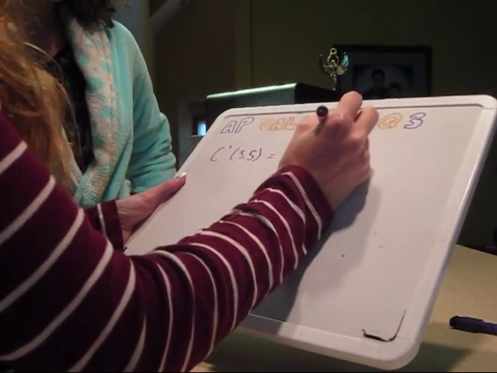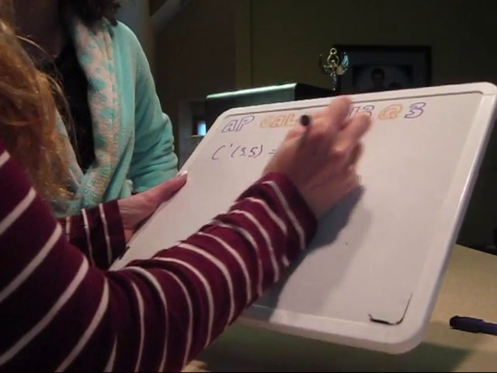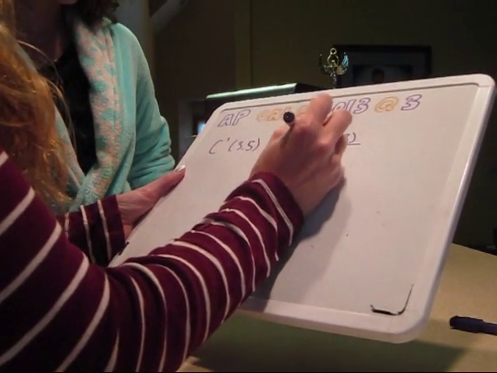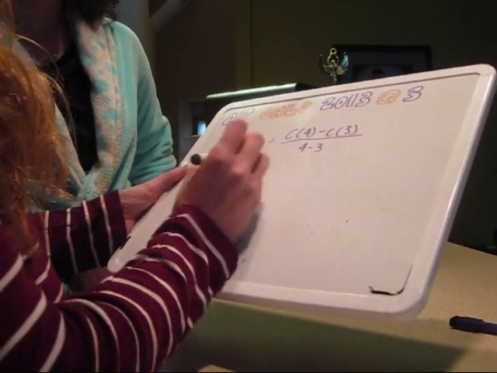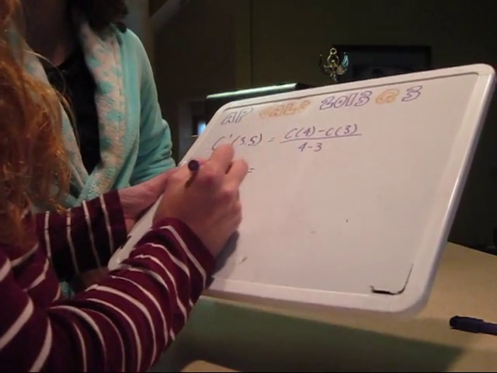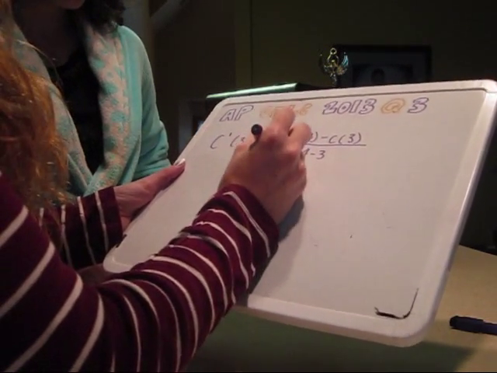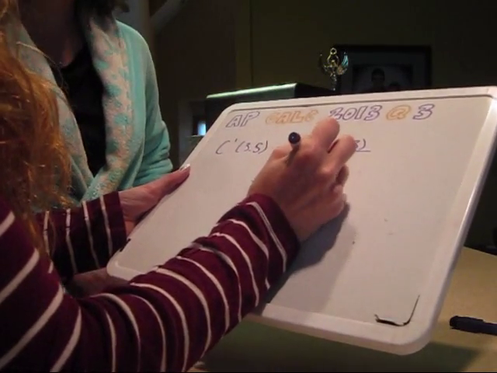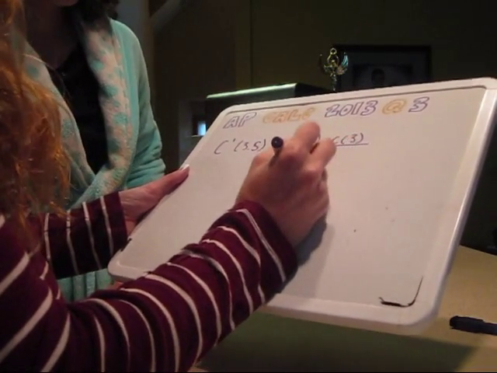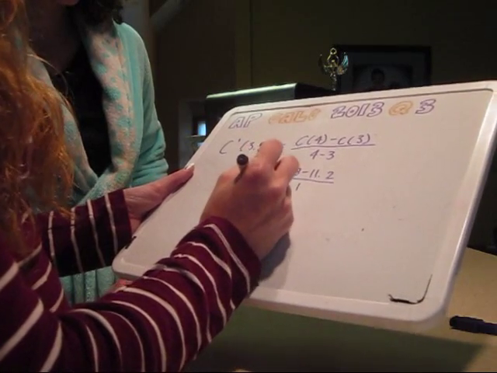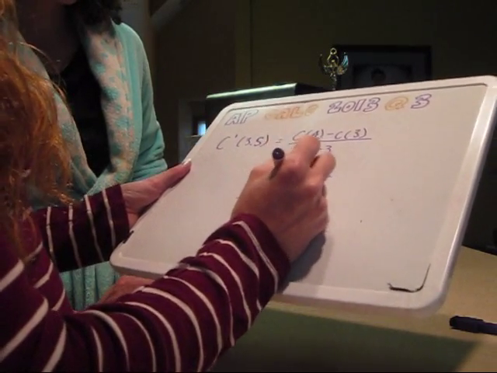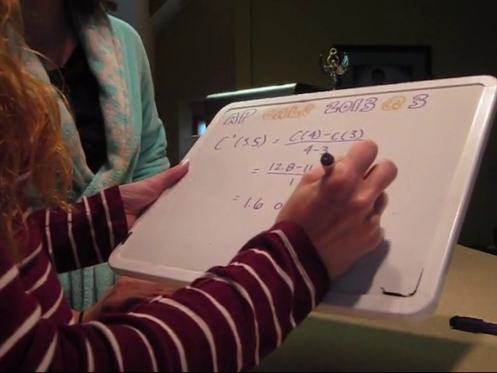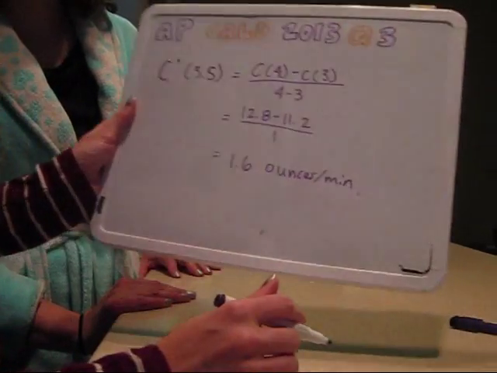So what Carly's going to do is take C of 4 minus C of 3 over 4 minus 3 in order to approximate the derivative of C at time 3.5. So here she's just plugging in the values in the table. Perfect, and this represents the approximate ounces per minute.